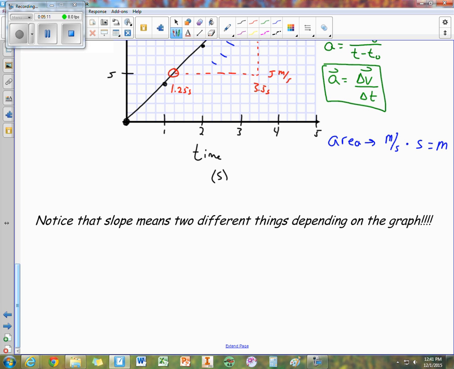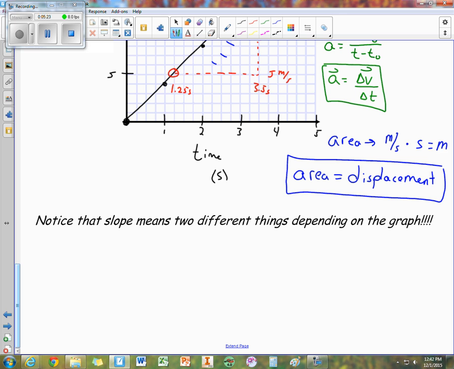So this time, the area does have meaning. The area gives us the displacement. Now we have to be careful. It is displacement and not distance. It has to be displacement.